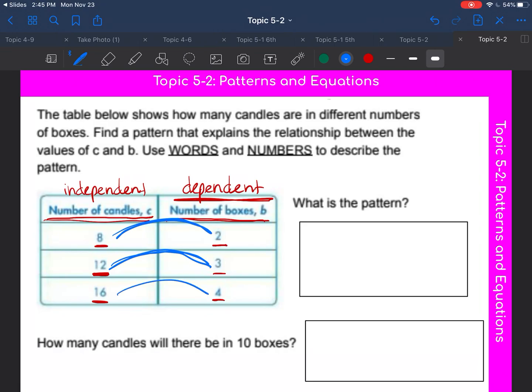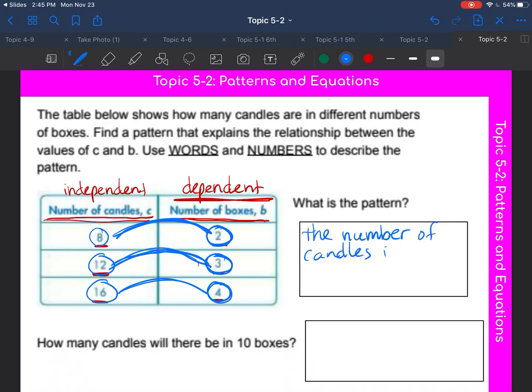Okay, what do you notice, a pattern between 8 and 2, 12 and 3, 16 and 4? Well, going from 2 to 8, 3 to 12, 4 to 16, the number of candles is always 4 times more than the number of boxes.